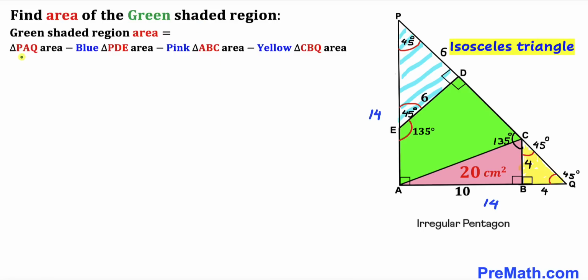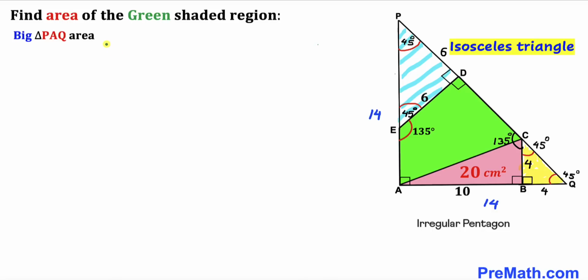And now our task is to calculate the area of this bigger triangle PAQ, the area of this blue triangle PDE. The pink right triangle area has already been given to us as 20 centimeters squared, and finally this yellow triangle area we need to figure out as well.